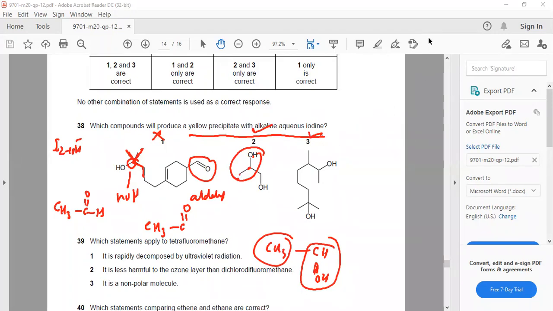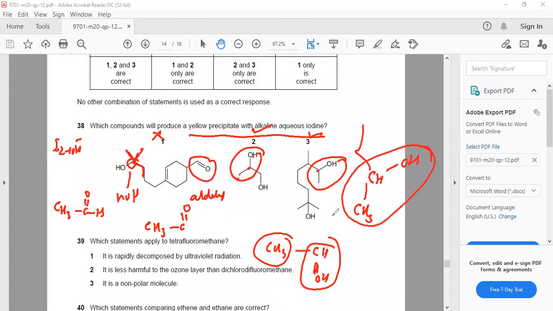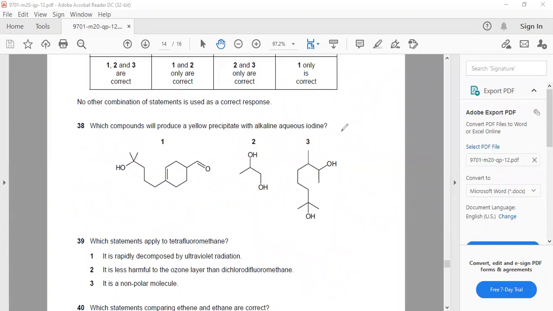And this one, third one, why is it correct? Because the carbon having OH has H also and CH3 also. It's like this. So this is needed for the iodoform test. We also call it alkaline aqueous iodine. So 2 and 3 both are correct. So which is C.